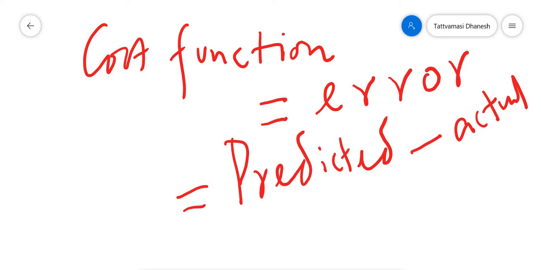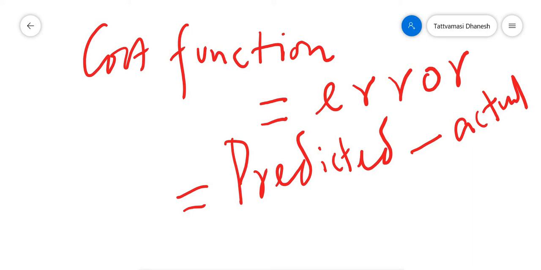There are different types of equations for a cost function. You can call it mean squared error, mean absolute error, root mean square error, or even squared error. Why are we coming up with mean squared error, mean absolute error? The reason is when you calculate the error of each data point and sum it, the error can be positive or negative.